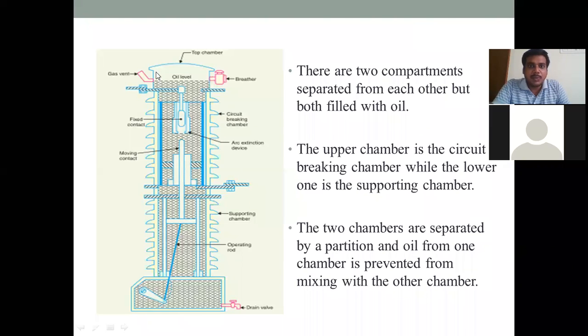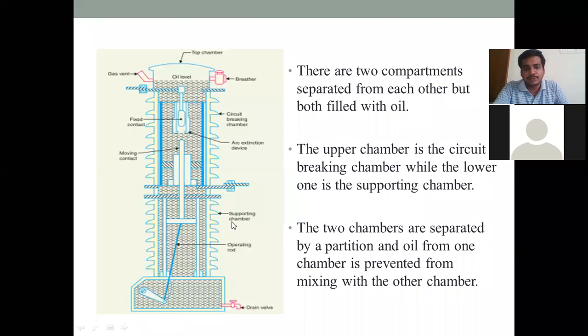In this minimum oil circuit breaker, you can see there are two compartments. This is one compartment, and the lower one is called the lower compartment. The upper compartment is called the circuit breaking chamber, and the lower one is called the supporting chamber.